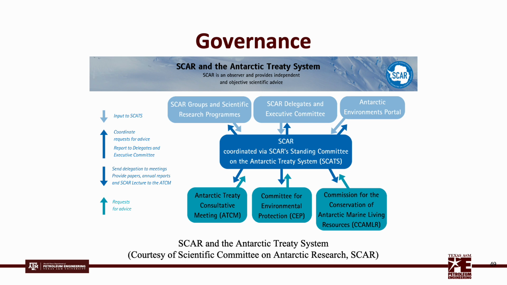The primary purpose of the Antarctic Treaty is to ensure, in the interest of all mankind, that Antarctica shall continue forever to be used exclusively for peaceful purposes and shall not become the scene or object of international discord.